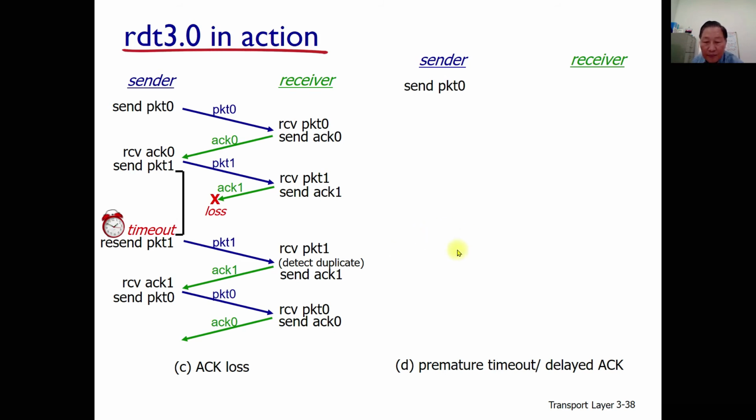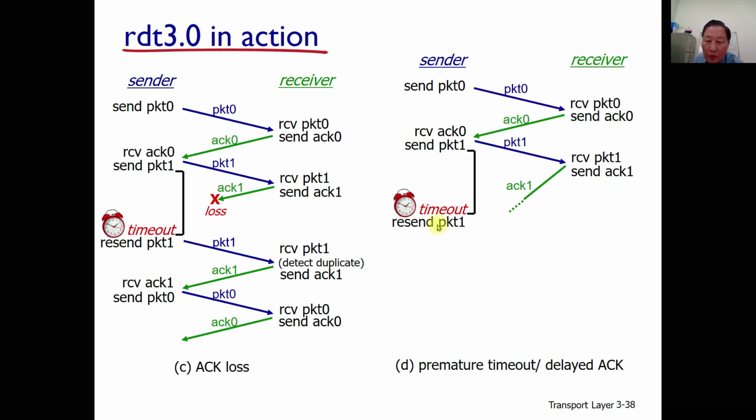Another case: sometimes if the timer value is not properly set up to the proper value, then it will expire prematurely. That is called premature timeout. It needs more time, but in advance it timed out, and automatically it will be retransmitted.